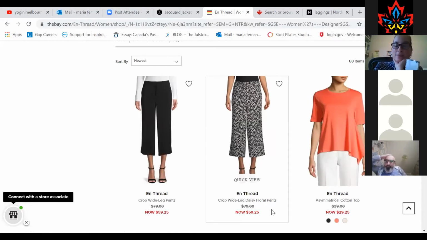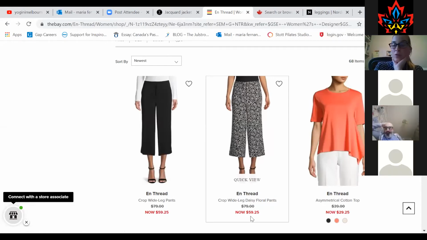If they put it down to 59, they're still winning. They're not losing anything there because 59.25 is way more than double the $16 that they bought it for. They bought it for $16 FOB. So at $60 on sale, they're still winning.